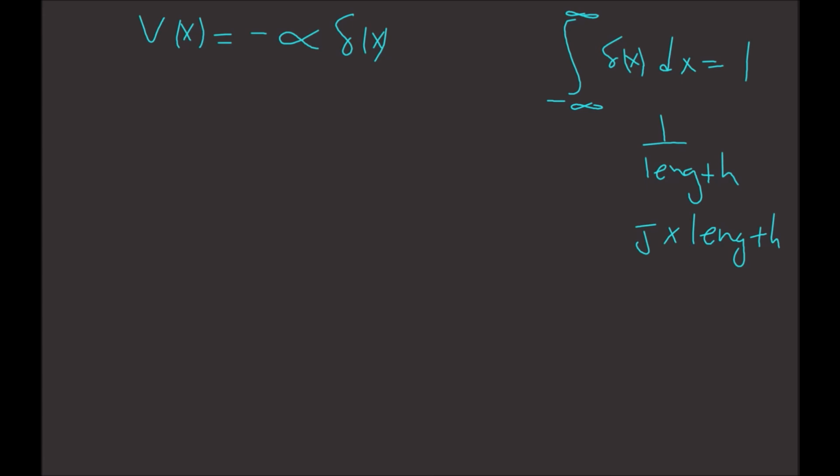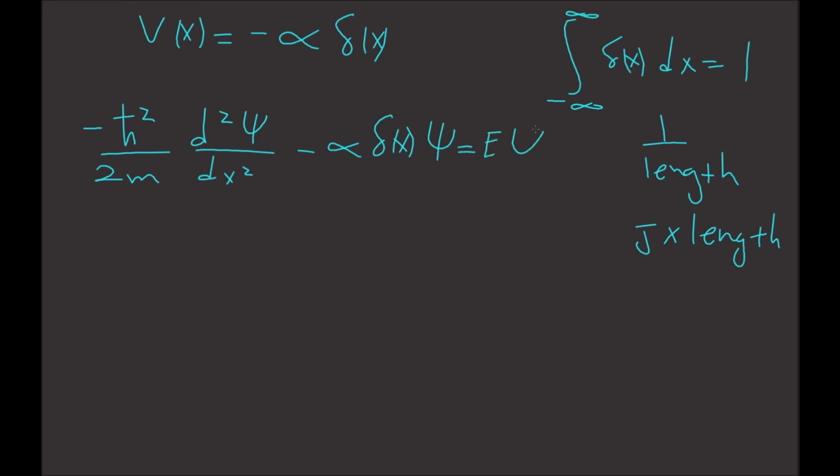With this potential function, our Schrodinger equation reads minus h bar squared over 2m times the second derivative of psi with respect to x, minus alpha delta of x times psi, equals E times psi, right?